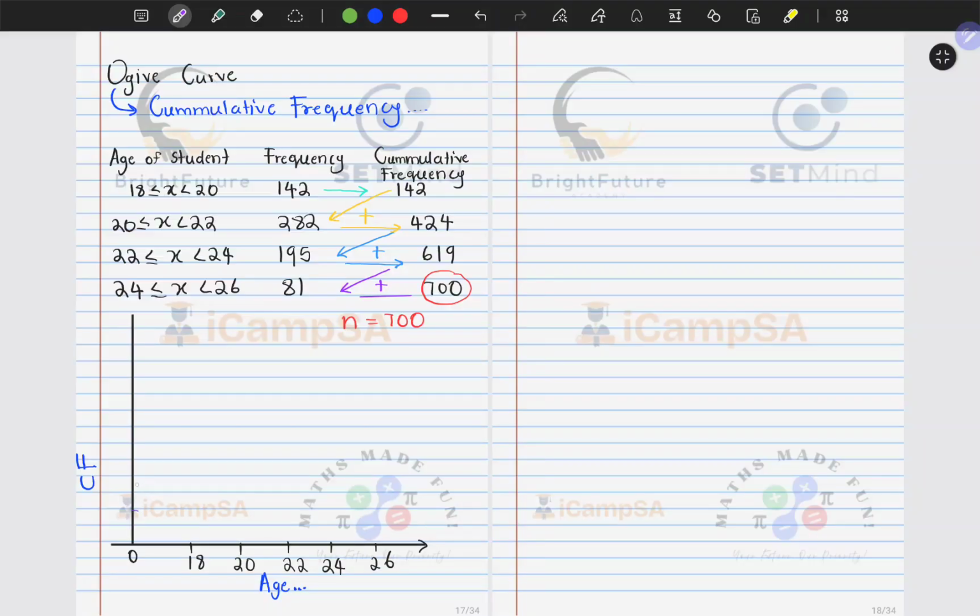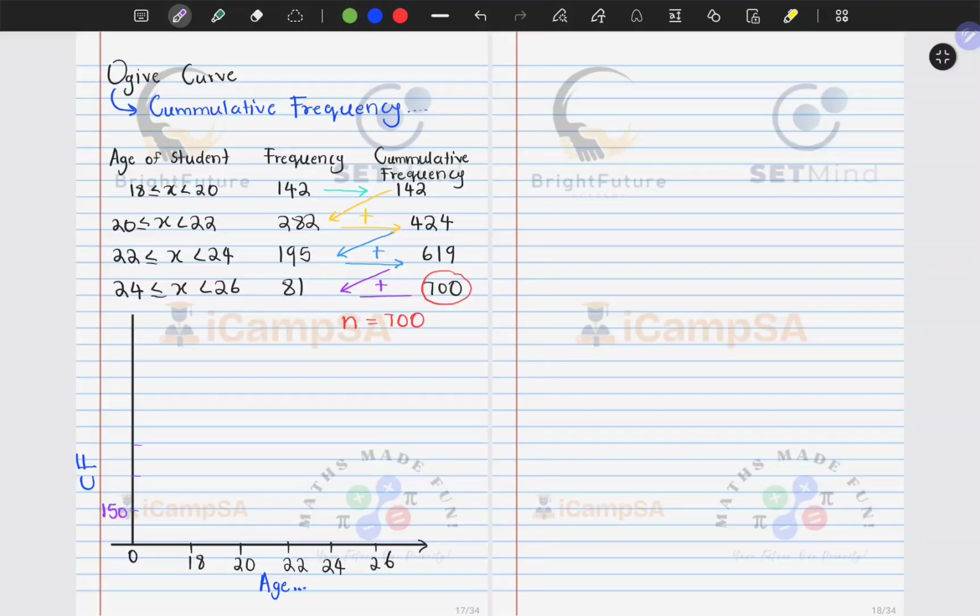So if I have 150, then 300, and then 450. Let me see. So if I have 150, I'm going to 300, and then I go to 450, then I go to 600. Okay, that will work.